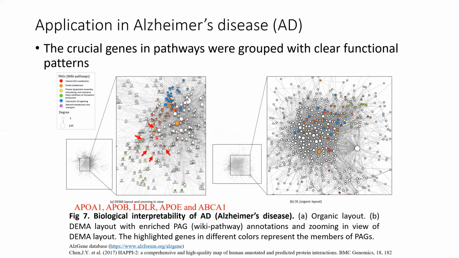After processing with gene set enrichment analysis using the PANTHER database, we found 6 highly relevant pathways. We are able to find those genes shared in multiple pathways easily in DEMA compared to the organic layout. For instance, APOA1, APOB, LDLR, APOE, and ABCA1 are involved in at least 4 pathways here.